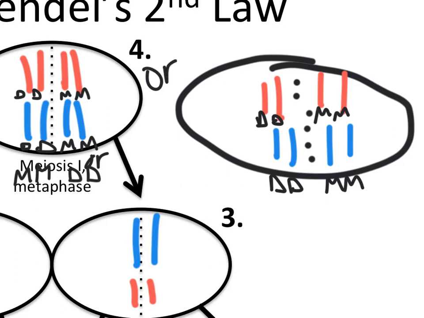Doesn't matter. It's your choice. Well, it's nature's choice. This happens during meiosis. Every time meiosis happens, all of the chromosomes line up right before the first division, right on the metaphase plate, that dotted line. But the orientation, which side mom's copies and which side dad's copies are on, doesn't matter.